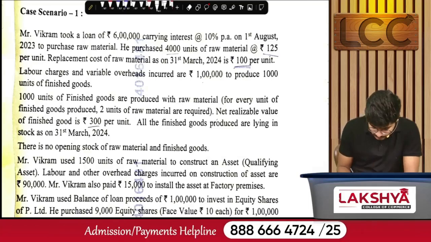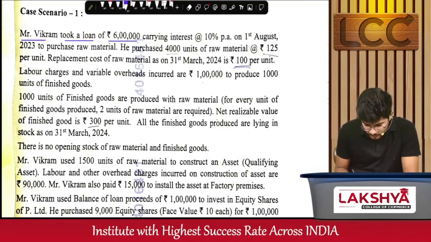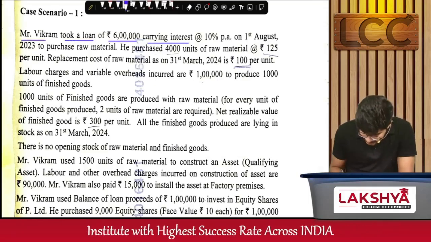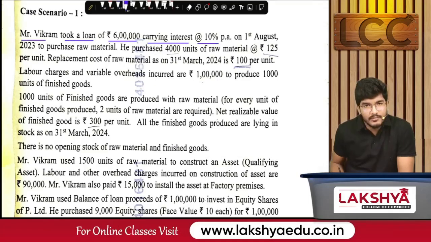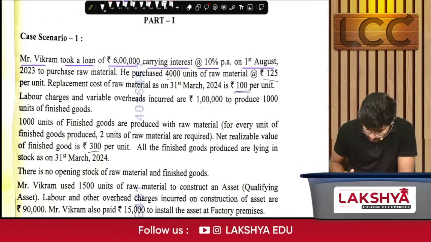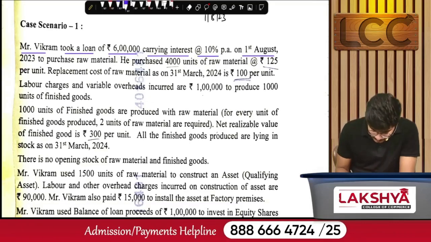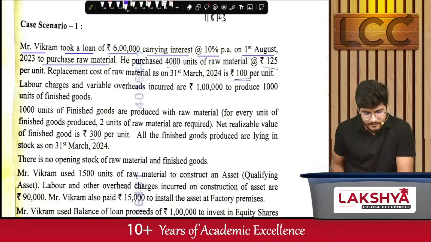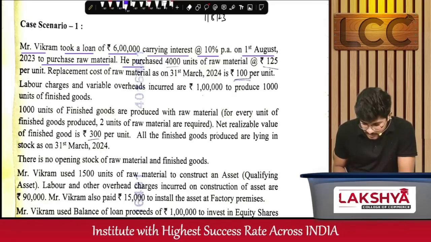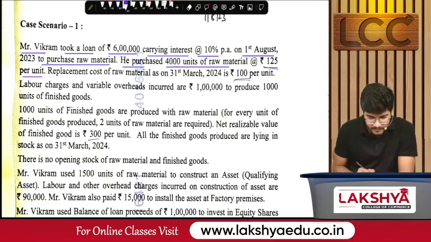Case scenario 1. Mr. Vikram took a loan of rupees 6 lakhs at an interest rate of 10% per annum. The date of the loan is 1st August 23, and the purpose of the loan is to purchase raw material. He purchased 4,000 units of raw material at 125 per unit.